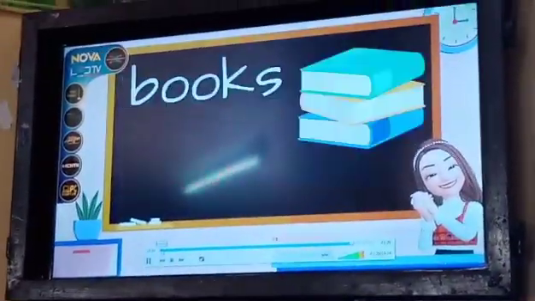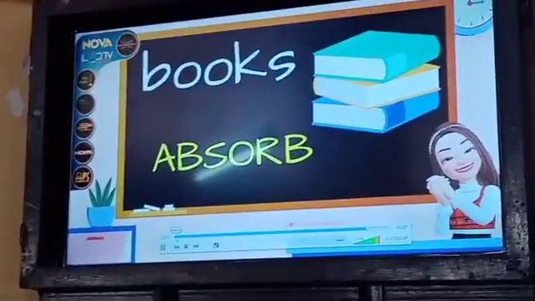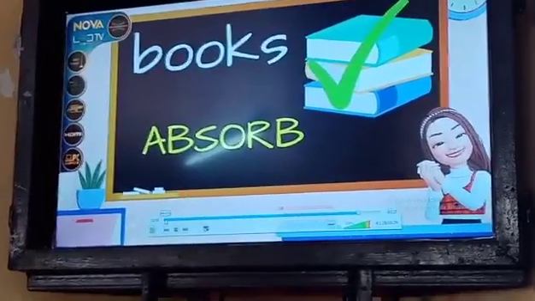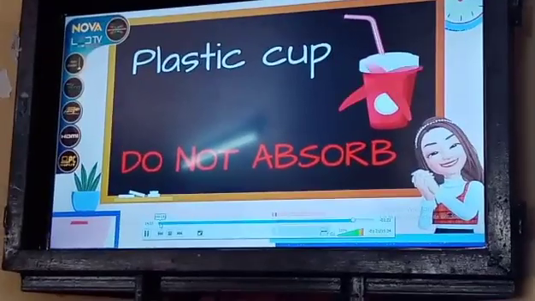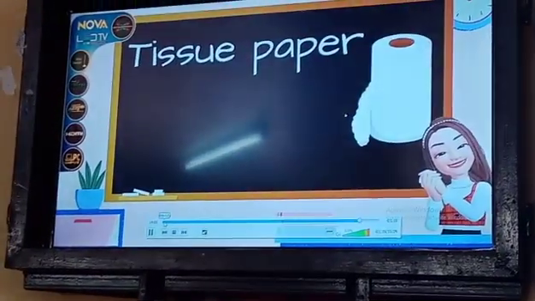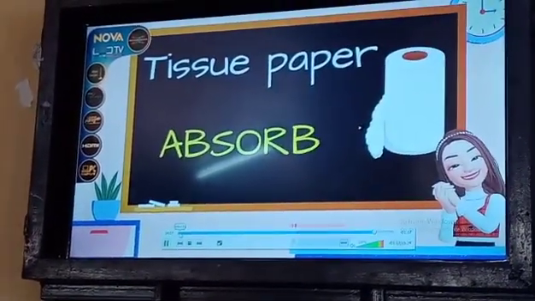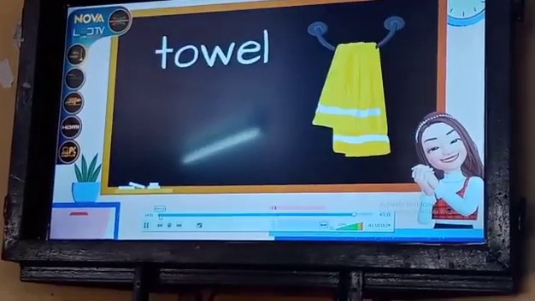So you check for absorb, then X for do not absorb. Hammer, the answer is do not absorb. How about books? The answer is absorb. So you're going to put check. Plastic cup, do not absorb. So X.